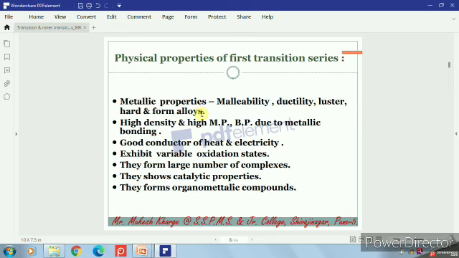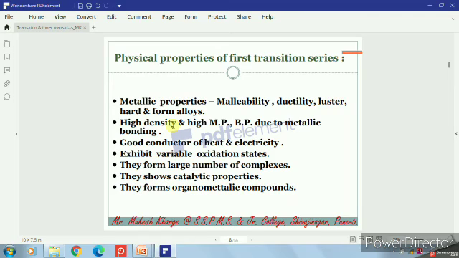Details about how they form alloys and which element forms which alloys, we'll discuss in the next part. Then second, physical properties: they have high density, and their melting point and boiling point are also higher.